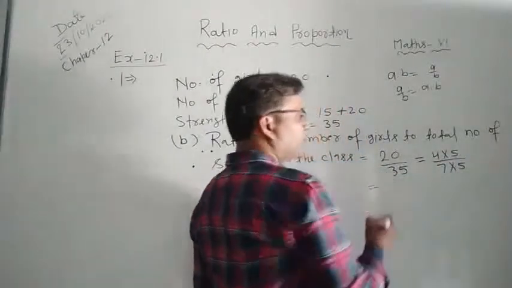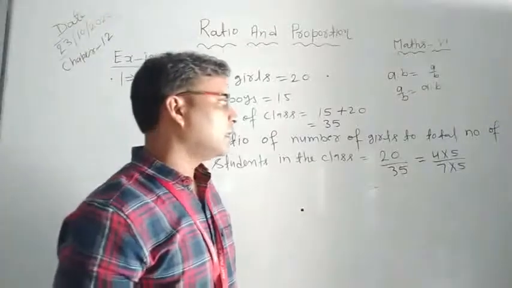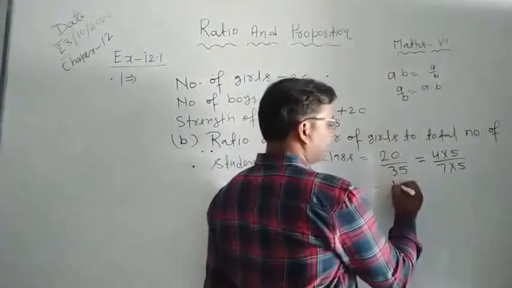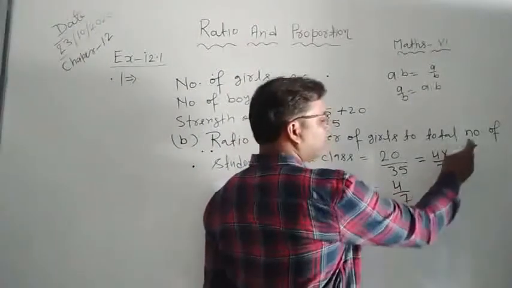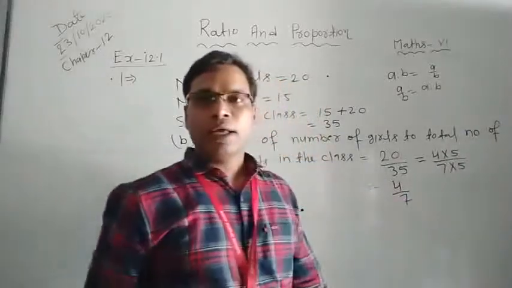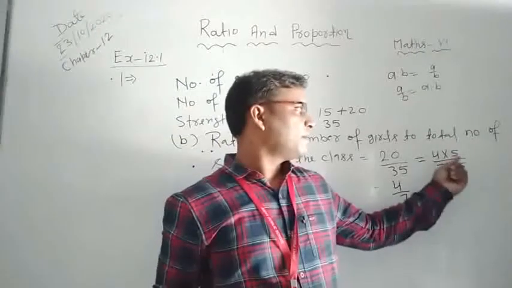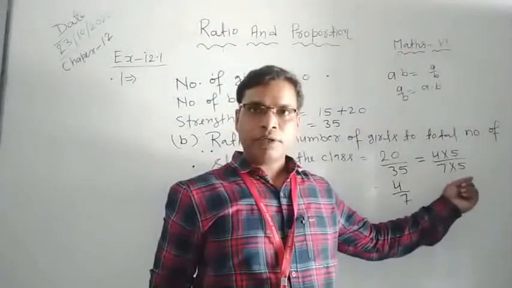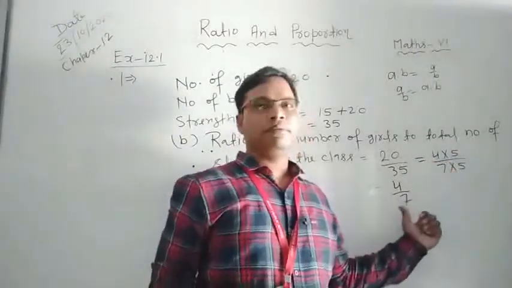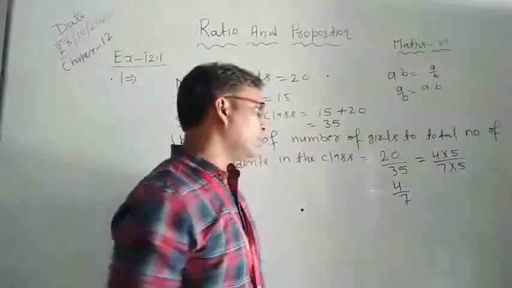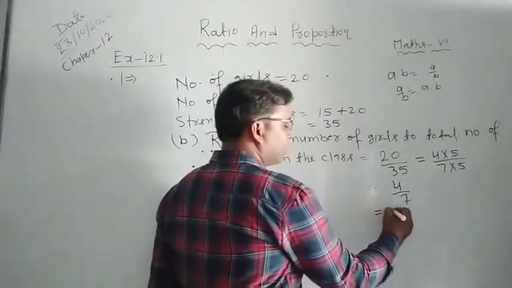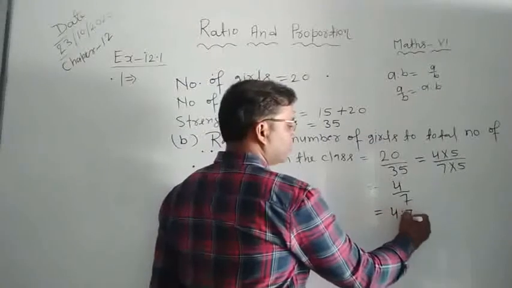So here 5 will cancel, because you can see that in the numerator and denominator both have 5 common. So you can cancel 5 up and down. Then we obtain 4 by 7. So you can say the required ratio is 4:7.